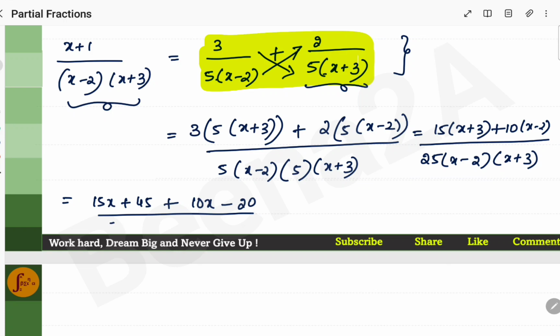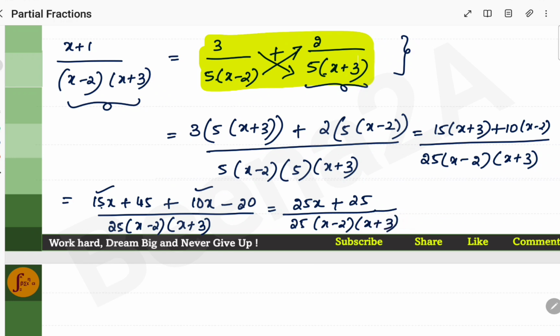I'll just copy the denominator as is. We don't have to multiply this. We'll leave it here. Now 15x plus 10x, we'll add the similar terms. 15x plus 10x is 25x. 45 minus 20 is plus 25. Divide by 25 into x minus 2, x plus 3. I don't want to multiply the denominators, only the numerators will simplify.